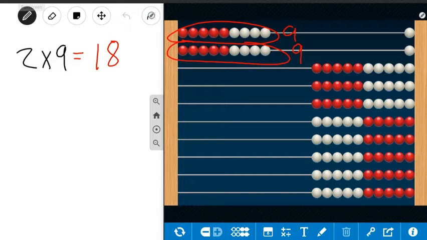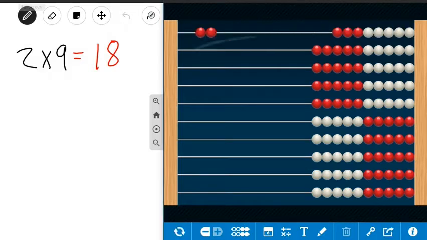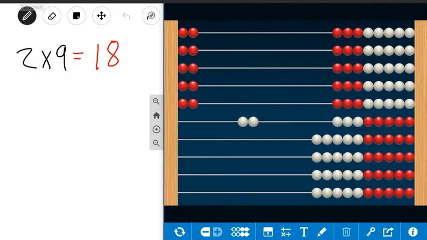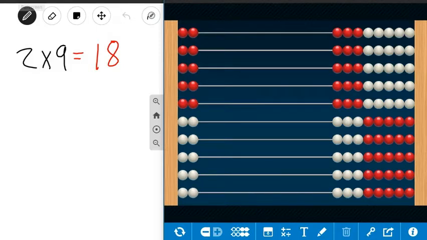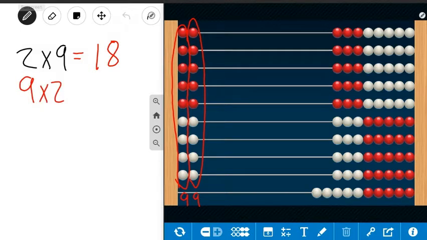And if I represented it another way again, where I have 9 rows of 2, I'm still saying I have 9 2 times. 9 here and 9 there. It's just represented in another way. So even 9 times 2 is the same as 9 plus 9, which is going to lead to the same product, 18.